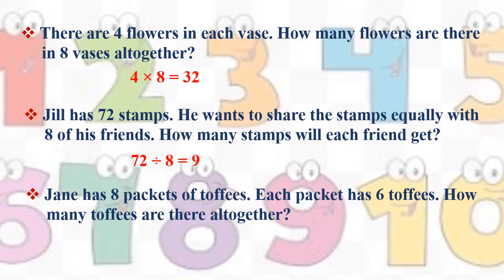Next one, Jane has 8 packets of toffees. Each packet has 6 toffees. How many toffees are there altogether? In one packet there are 6 toffees. Then you have to find how many toffees are there in 8 packets. Here you have to do a multiplication or division.